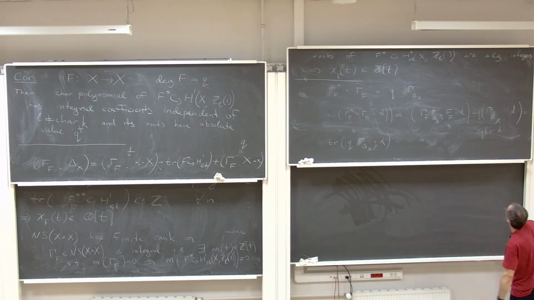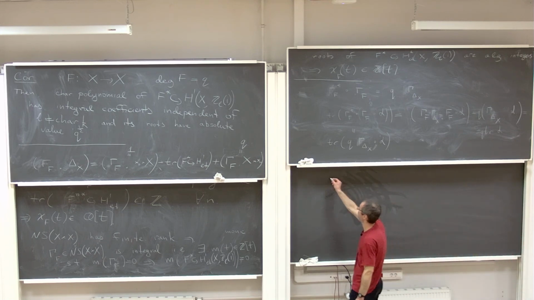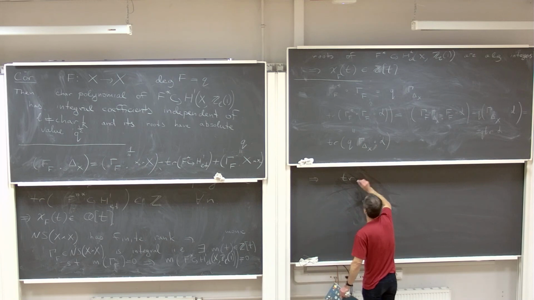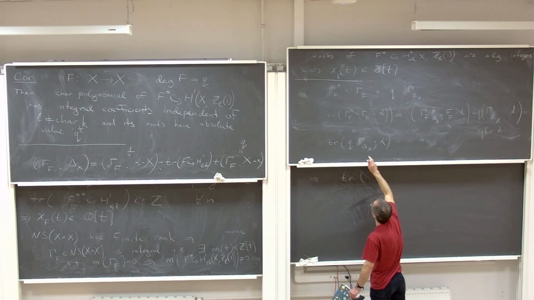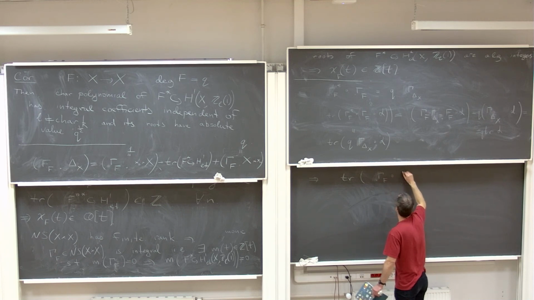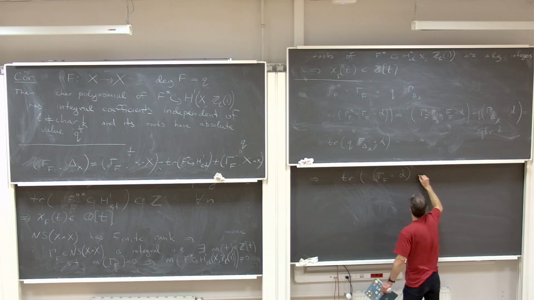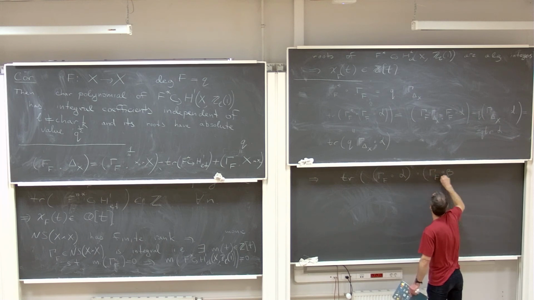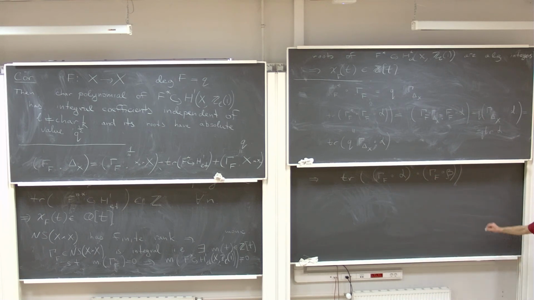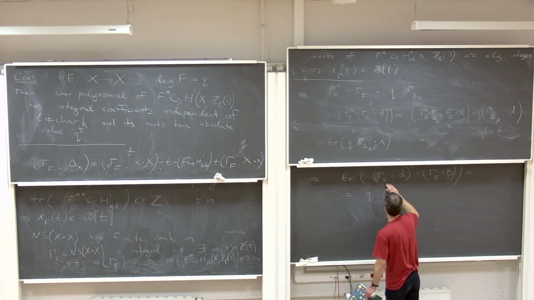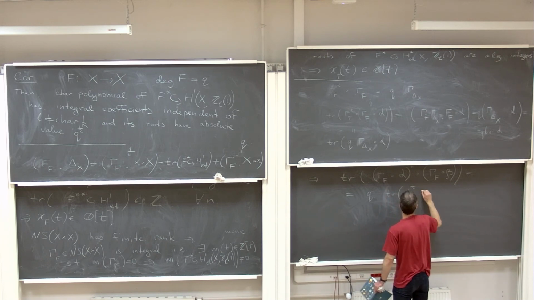Okay, so now I have to finish. It follows from this that the trace of this composition with gamma f respects the pairing. It is equal to q times the trace of alpha t beta.